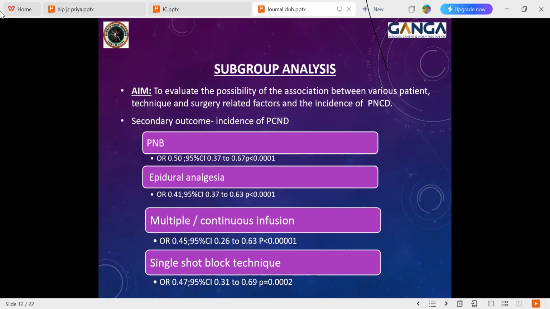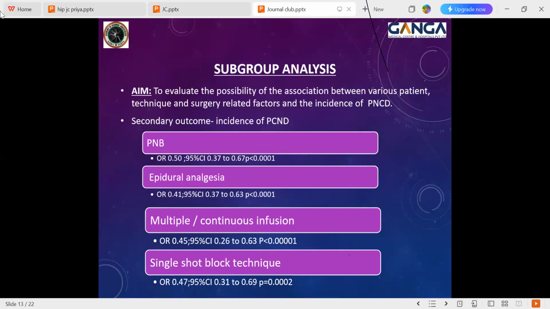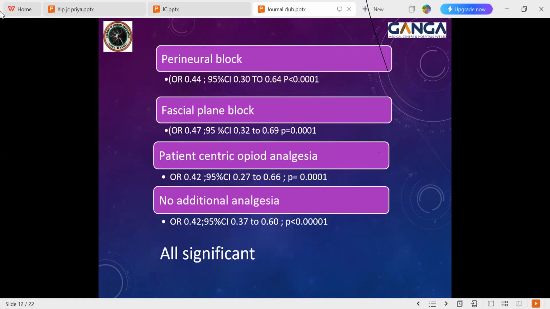It was seen that in almost all the subgroup analyses, that is peripheral neural blockade, epidural analgesia, multiple continuous infusions, single shot blocks, perineural blocks, fascial plane blocks, and everything, there was a significant decrease in post-operative cognitive dysfunction when using regional anesthesia.